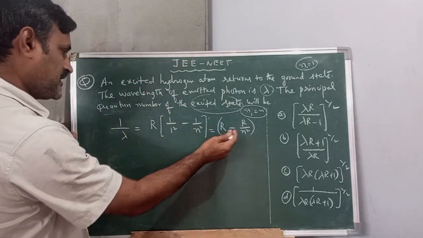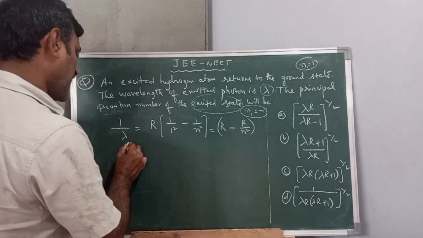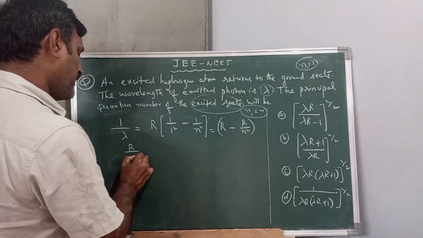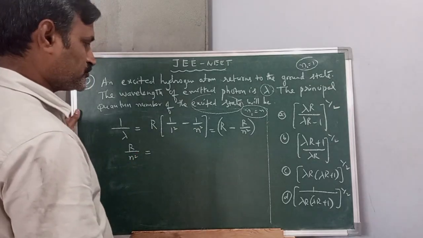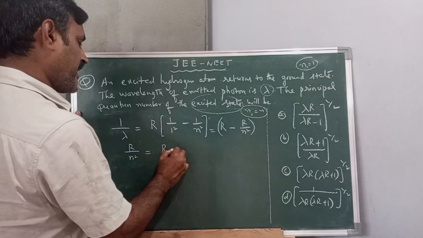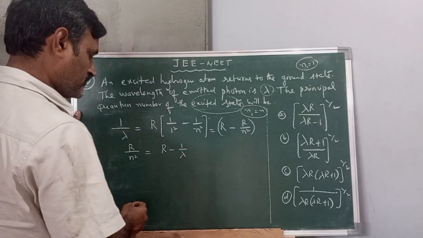So 1 by lambda is equal to R minus R by n square. That gives R by n square is equal to R minus 1 by lambda. I send this 1 by lambda to that side.